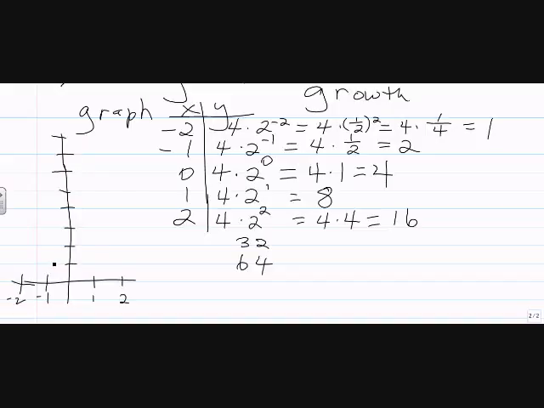Yeah, we'll do that. Alright, when x is -2, y is 1. When x is -1, y is 2. When x is 0, y is 4. When x is 1, y is 8. When x is 2, y is 16.